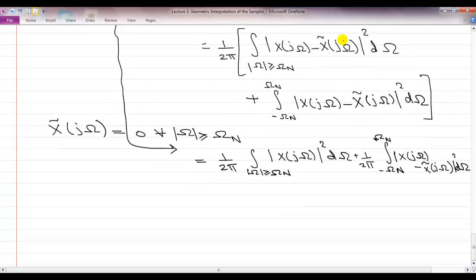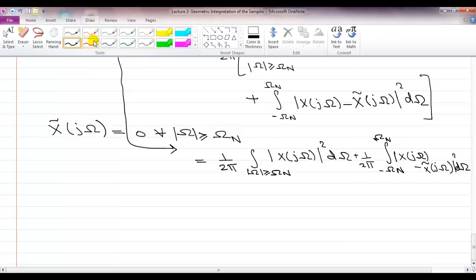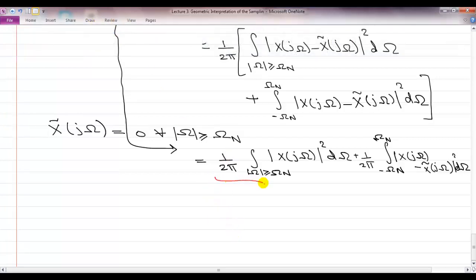So all I have done is just replaced, in the first partition of the integration, x tilde j omega equal to 0. Now if we look at this, this term of course does not depend upon the choice of my signal x tilde t at all. I cannot reduce that thing. This term I can reduce.